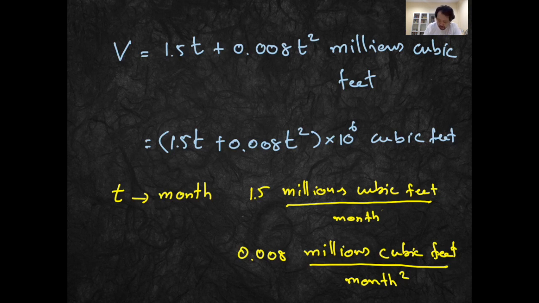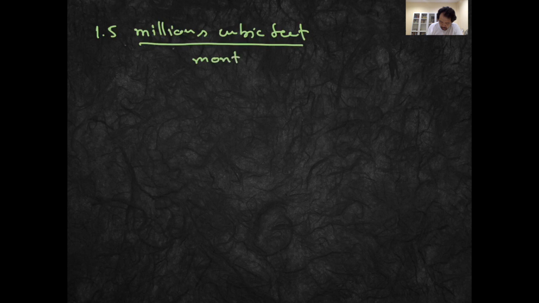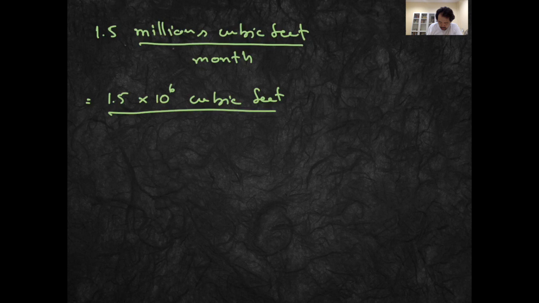So for the first number, 1.5 million cubic feet per month is equal to 1.5 times 10 to the 6 cubic feet per 2.592 times 10 to the 6 second, right?